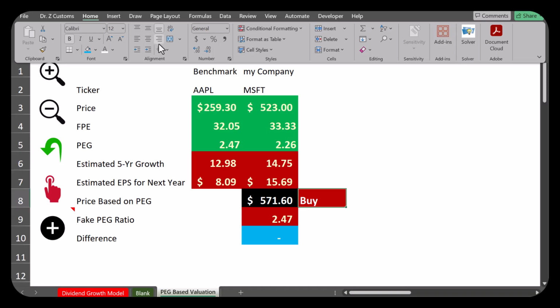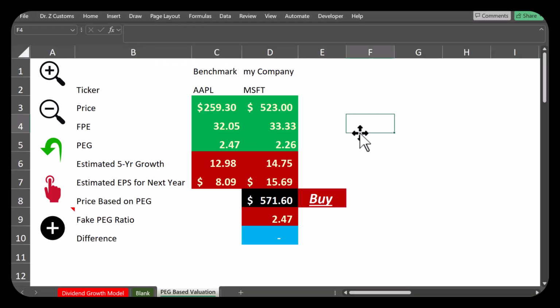Make that white sentence. Maybe italic, underline. It's my cell. I can format it any way I want. A lot of times when I build templates, I don't even want to think about what to do based on the number. I let Excel tell me what to do.